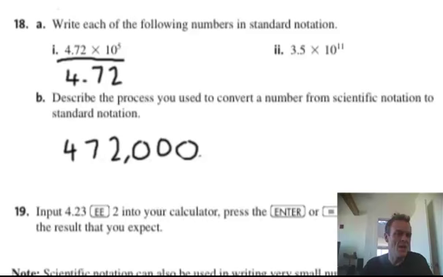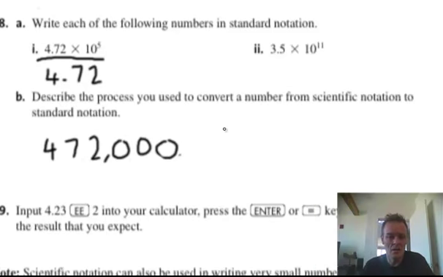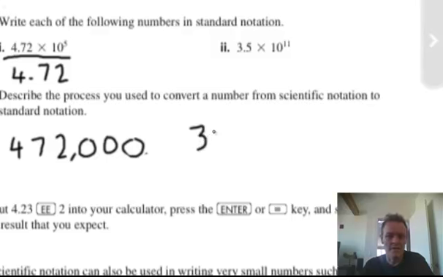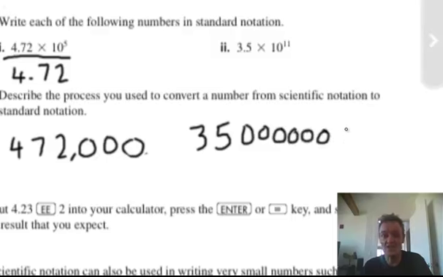How about 3.5 times 10 to the 11? Right, 3, 5. I know I need 11, so let's have a look at this. I probably need 1, 2, 3, 4, 5, 6, 7, 8, 9, 10, because the 5 makes like an 11th digit.